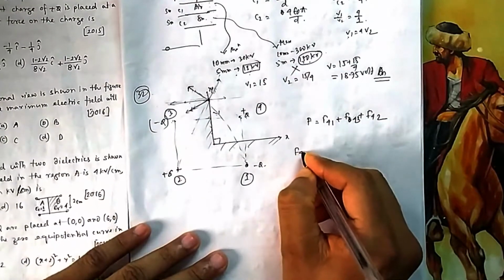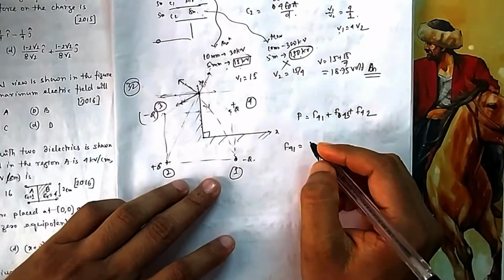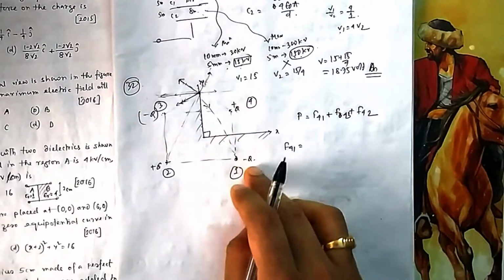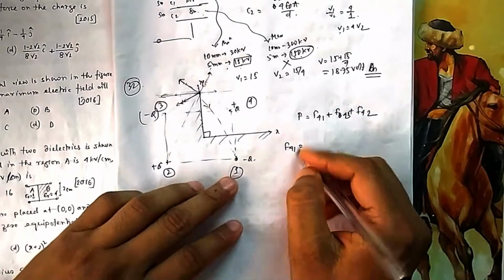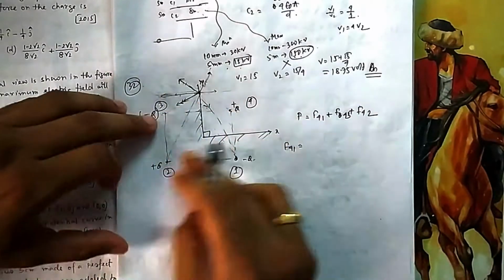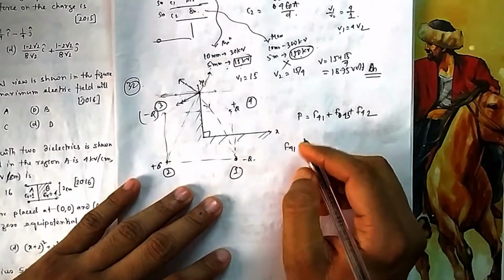So F4-1 will be equal to, so this into this, or what should I take? That will come from the sign itself, from the charges, because it is minus q already, so the directions will automatically come, because these two will be pulling and this will be pushing. That's it, nothing more.